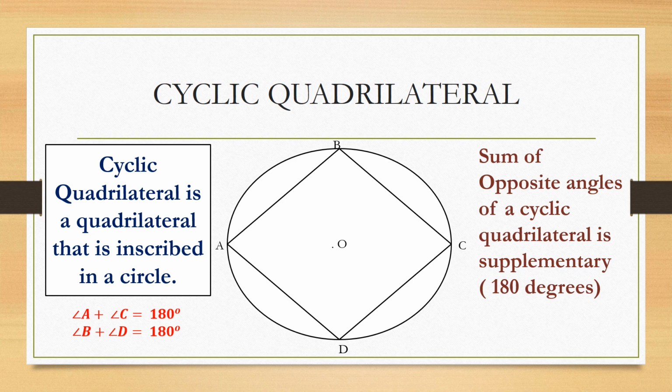So angle A plus angle C is 180 degrees, and angle B plus angle D is equal to 180 degrees. That is what the theorem states: the sum of opposite angles of a cyclic quadrilateral is supplementary, meaning that if you sum them, you have 180 degrees. So we're going to apply that in solving a problem now.